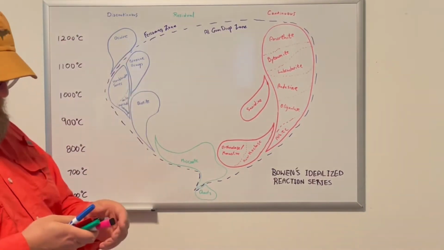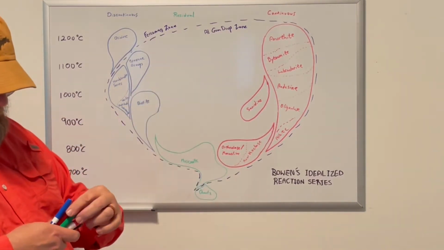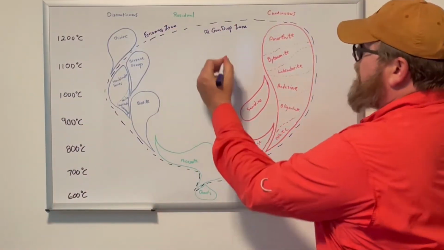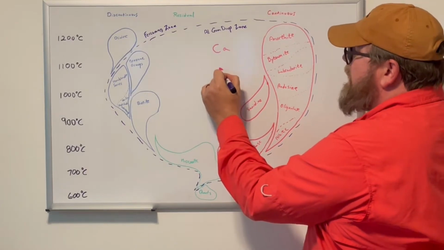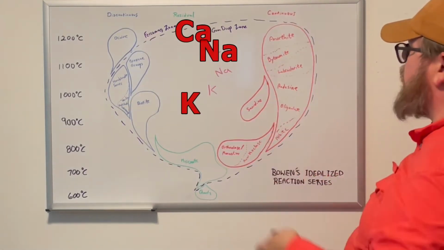Your discontinuous series versus your continuous. Now, we'll touch on continuous because that's where some of the confusion was. You guys have heard me talk about this. We just put calcium here in our melt somewhere. Calcium, sodium, and potassium are all throughout here just floating around.